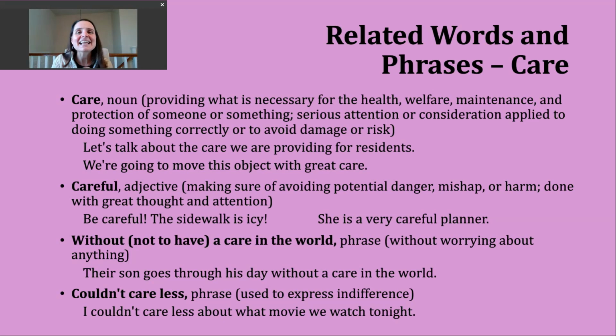Okay. The second phrase you might hear is someone say they couldn't care less. So this phrase is usually used to express that someone is indifferent. It's another way to say they don't care, right? They have no interest, they have no opinion about some particular issue or event.